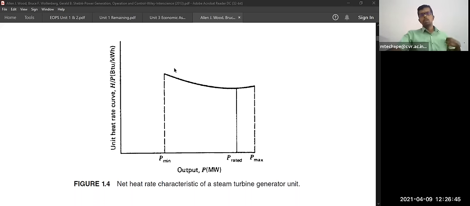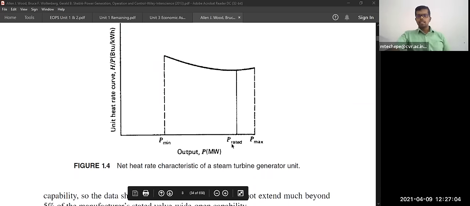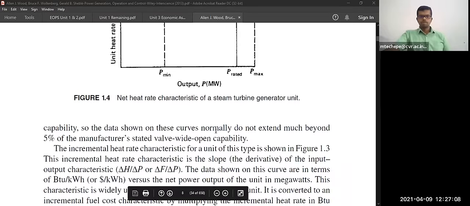So the maximum is 1000. Gradually it decreases and again gradually increases. That is the net heat rate characteristics of the steam turbine generating unit.